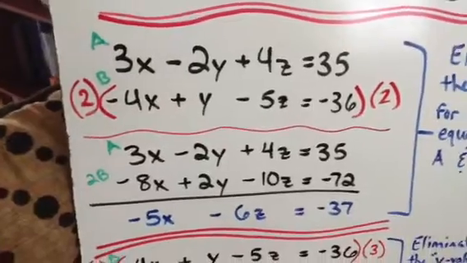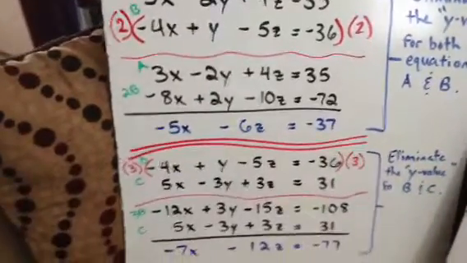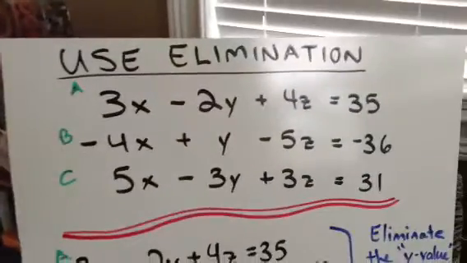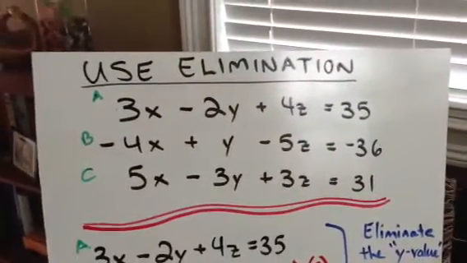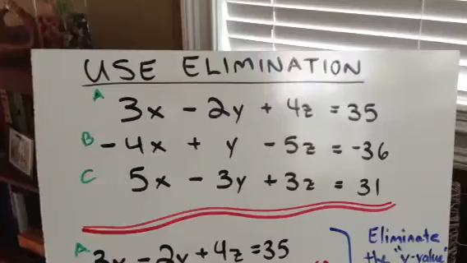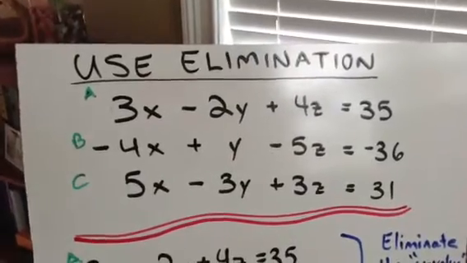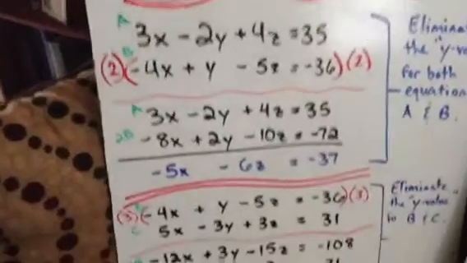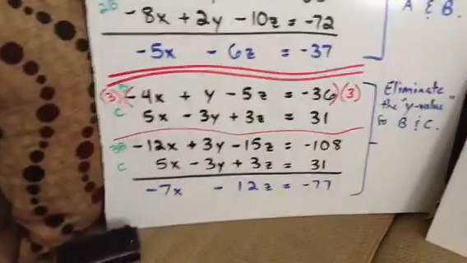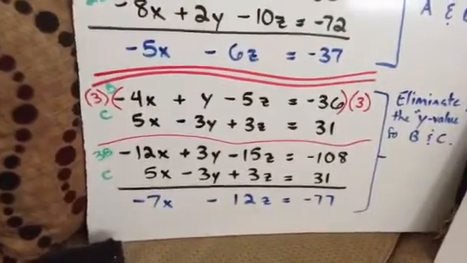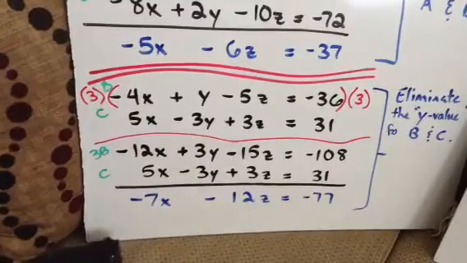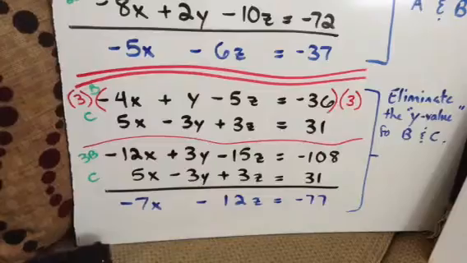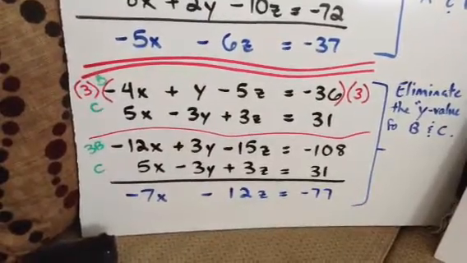Alright, so I stop, and I have to go pick another set of equations. So I go back up here to the top, and I used A and B earlier. I'm still going to use B, but I'm going to combine it with C now. So let's go down here. There's what we just did, and here is where we're going. You notice on the left I say B and C, but I decide that I need to multiply the y by 3 now, and so I do that.